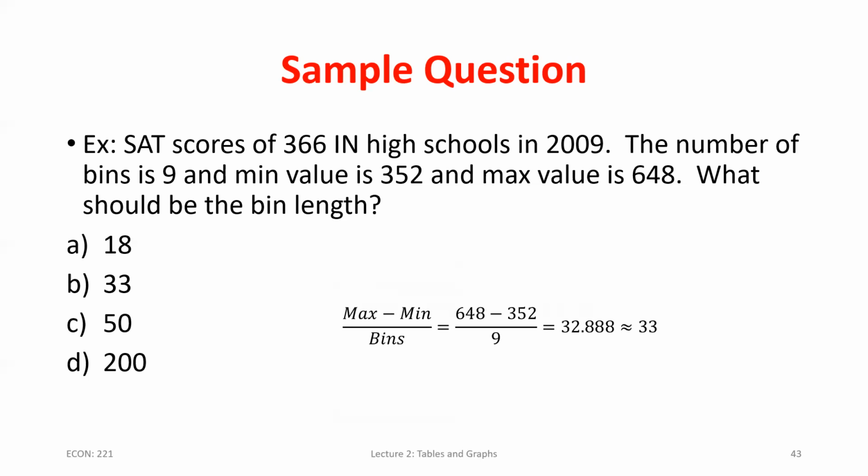If I round down, then once I build each one of my 9 bins, it won't actually be as high as the maximum value. Okay? So if I use this formula to come up with my optimal bin length, and it's a decimal, I always need to push it up to the next integer. So even if this was 32.1, I should be using 33. I would still push it up to that 33 for my bin lengths.